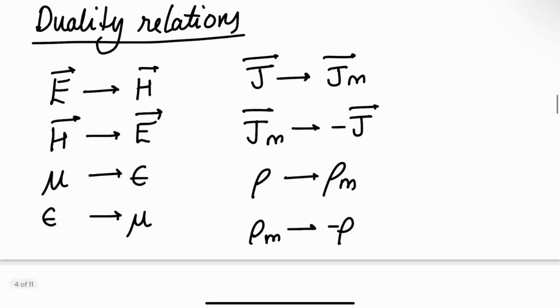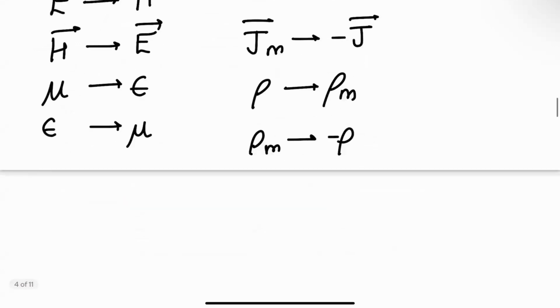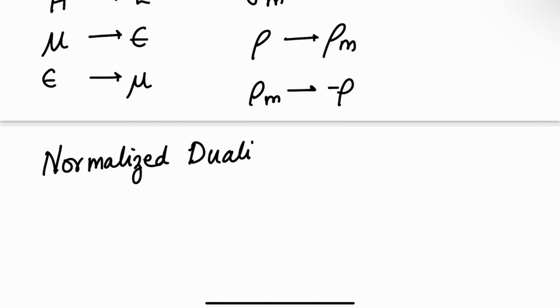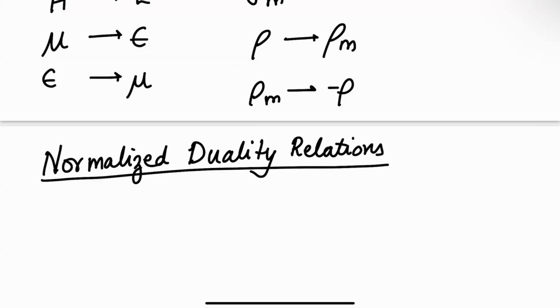Instead, what we use is called normalized duality, which is a different kind. There are other kinds of dualities as well, but this is probably the most useful, at least for us. So what are the normalized duality relations?